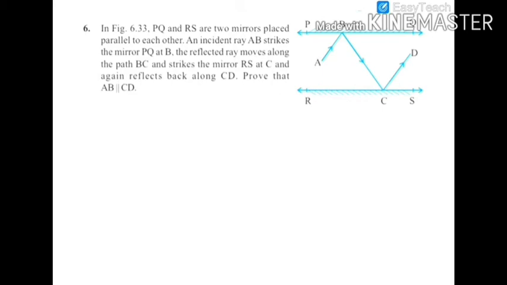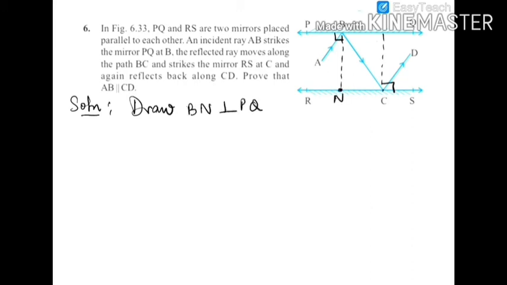To do this question, let's draw a perpendicular at point B to PQ and a perpendicular at point C to RS. We have drawn BN perpendicular to PQ, and we have drawn CM perpendicular to RS.